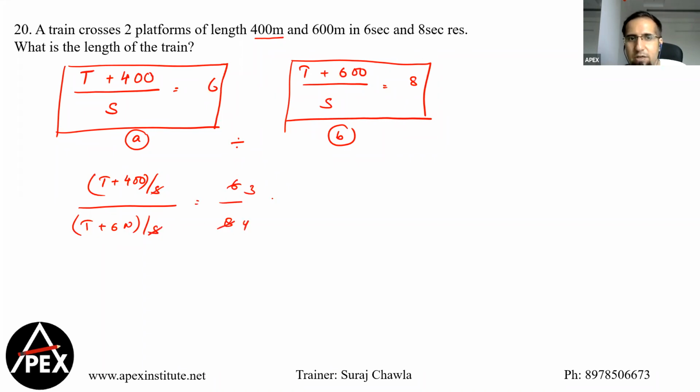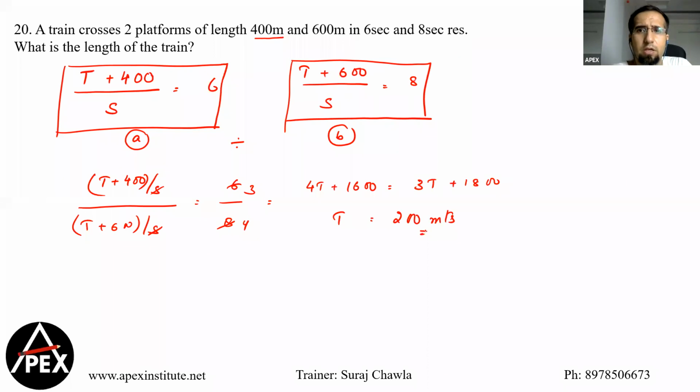S and S get cancelled. When I cross multiply, I get 4T plus 1600 is equal to 3T plus 1800. Clear? On transposing values, you get the value of T equal to 200 meters. So therefore, the length of the train is equal to 200 meters.